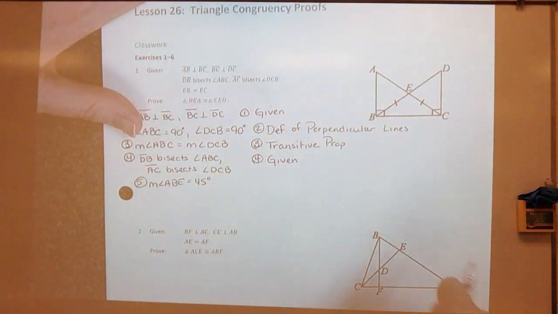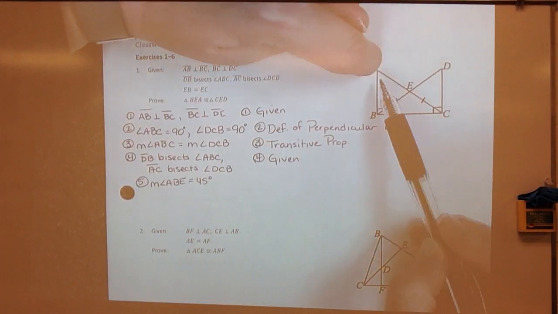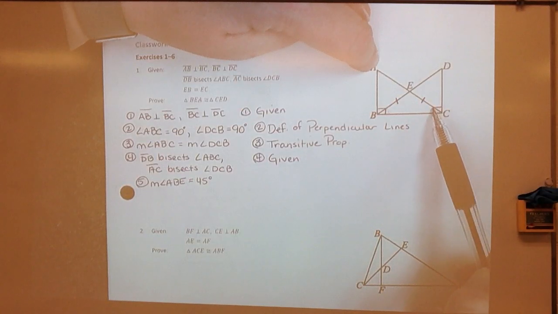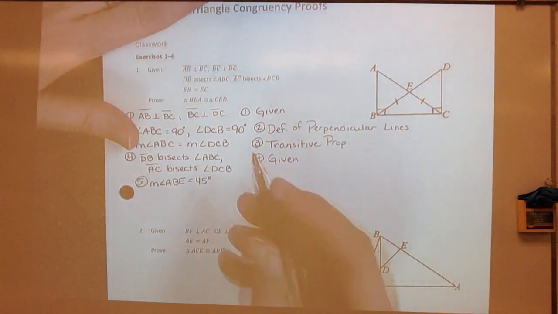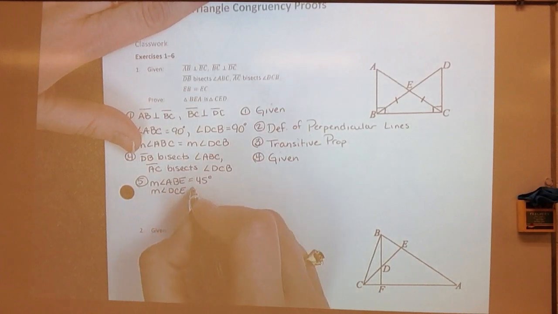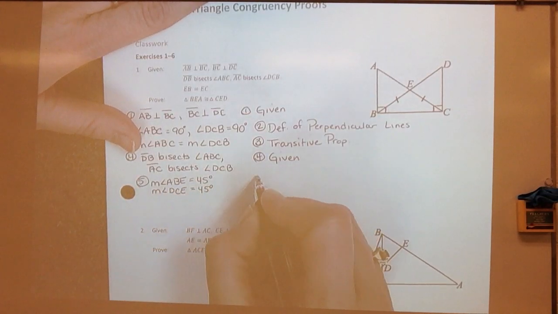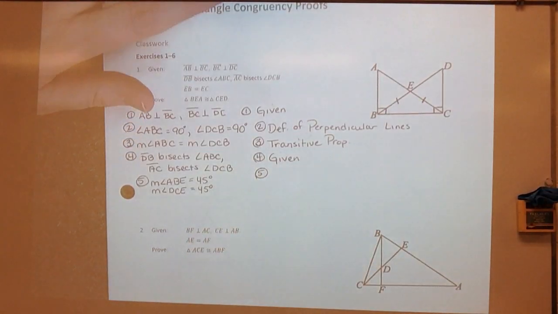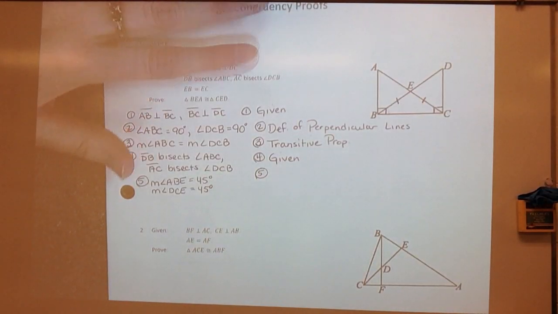And then if I know that AC bisects this angle, then I know the measure of angle DCE equals 45 degrees. How do I know that? That is simply the definition of an angle bisector.